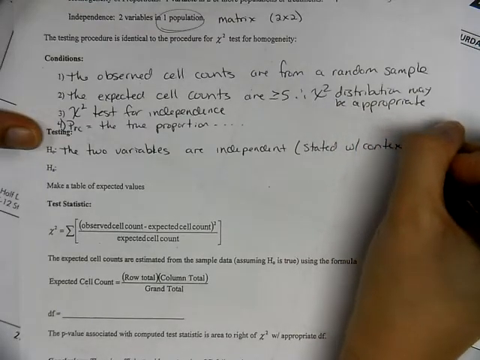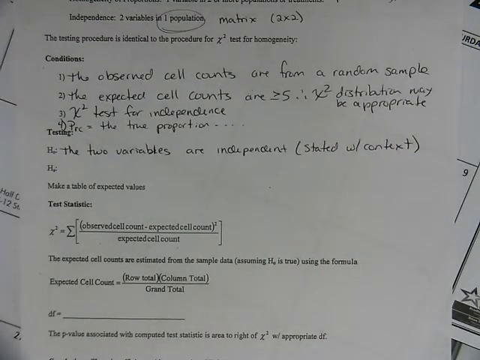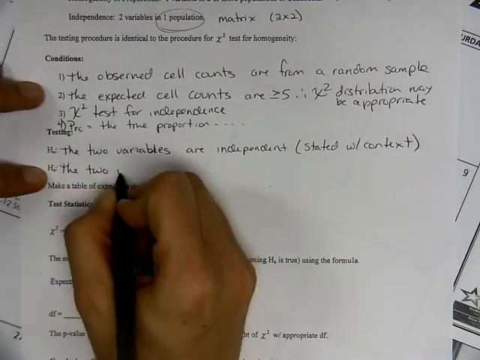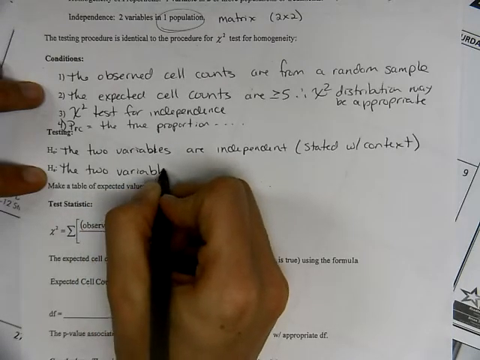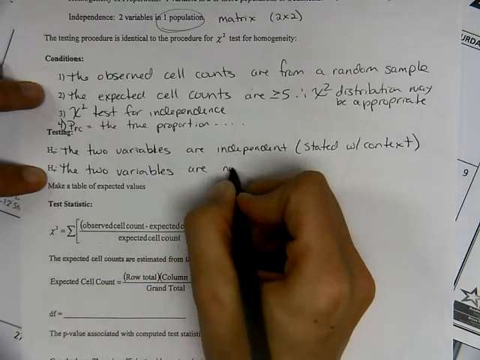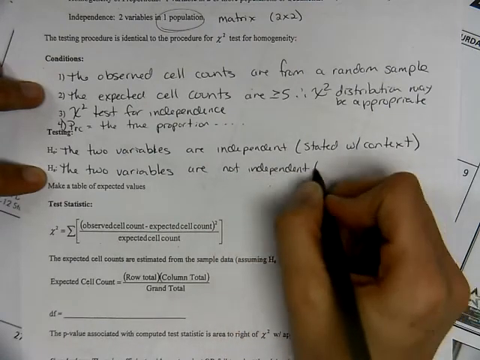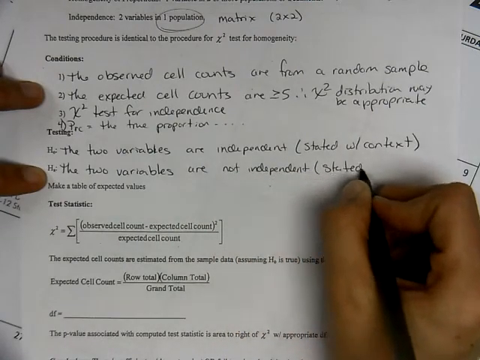I'm just giving you a general form. So you would say gender and having a tattoo are independent. The alternate is that they're not. The 2 variables are not independent, again stated with context.